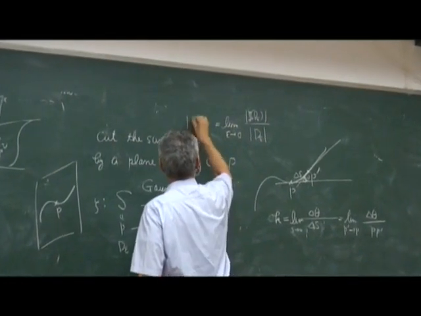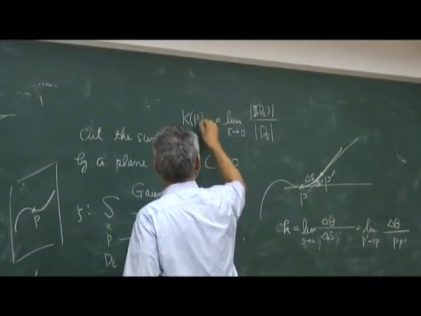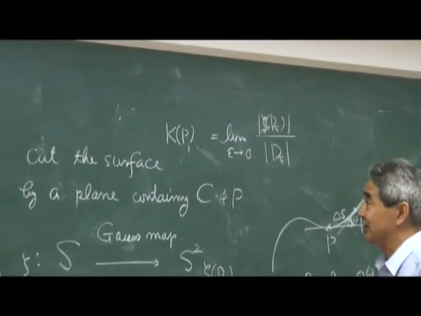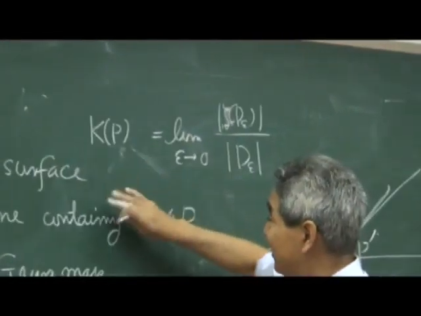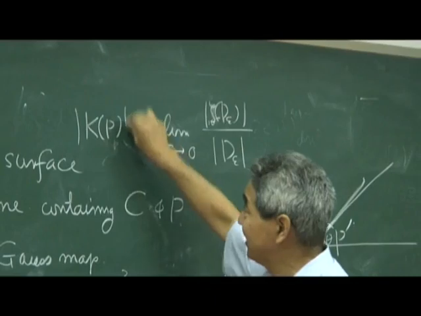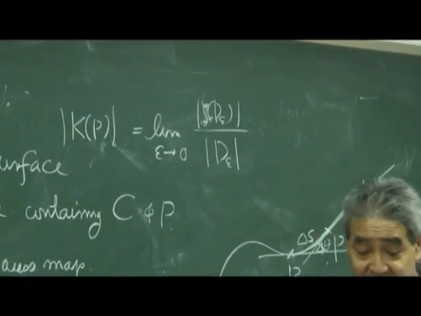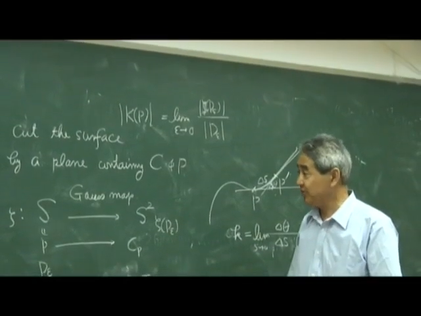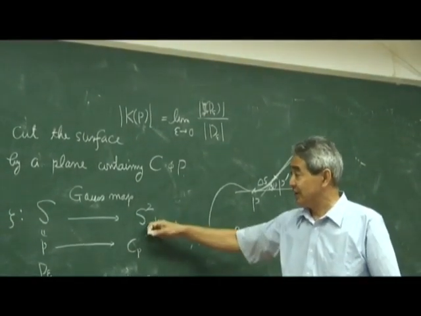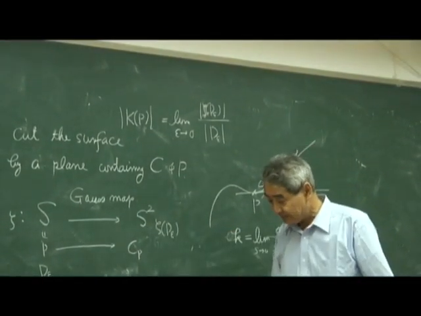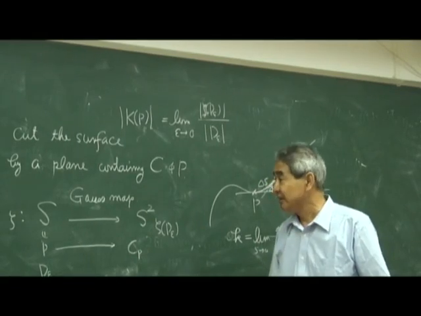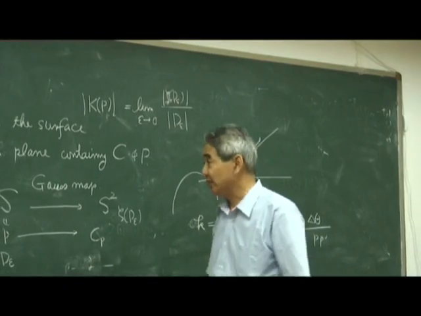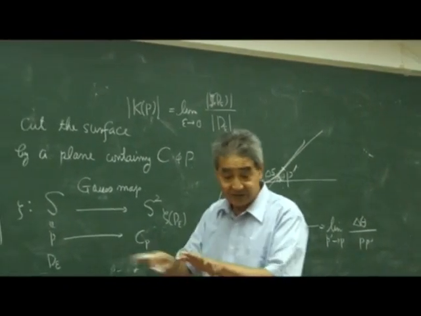And you give some numbers here. But since this is just area, this doesn't give the precise answer, but this gives you the absolute value of the curvature. And of course, you can introduce a kind of signature, because you can introduce a notion of the orientation.